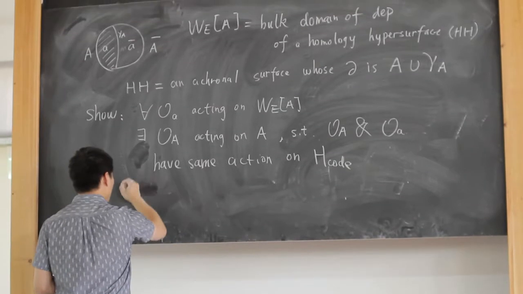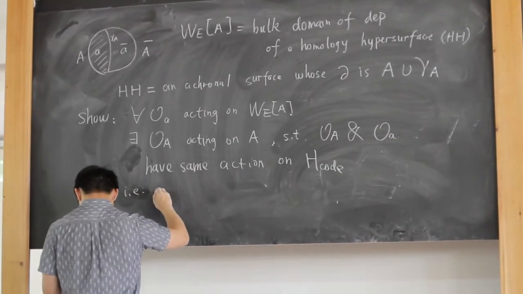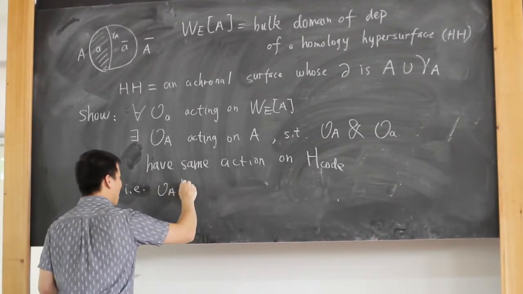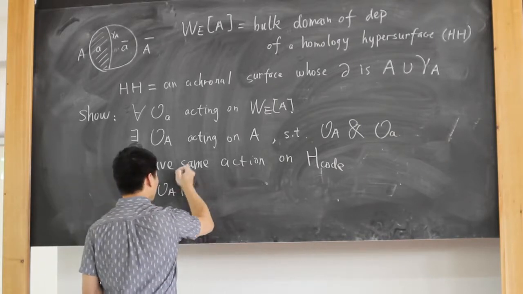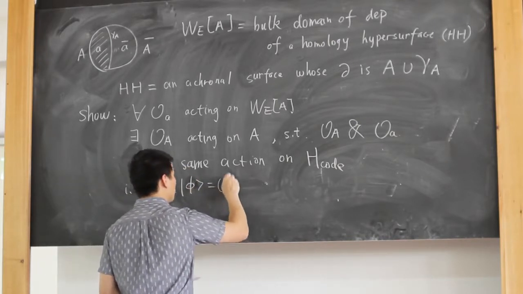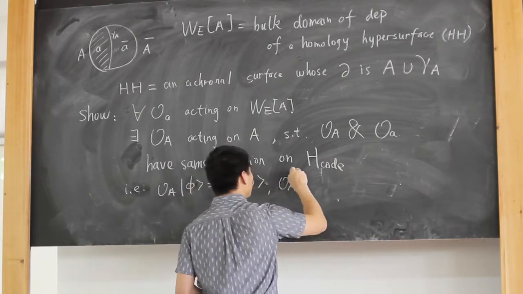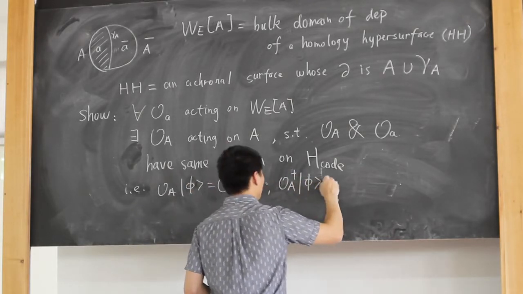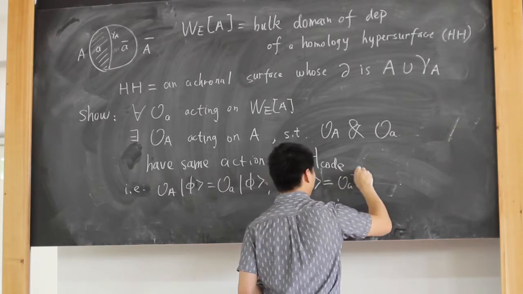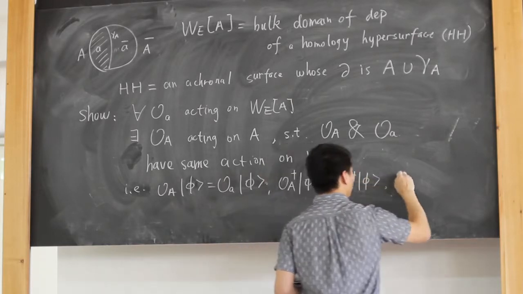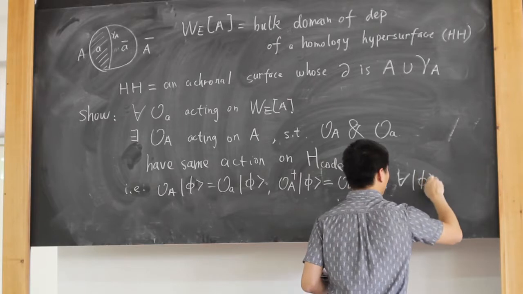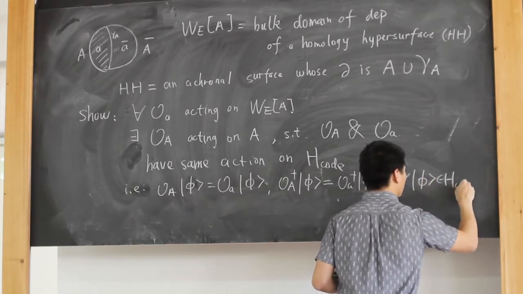Just to be really explicit of what that means, it means O_A acting on some state phi is equal to O little a acting on phi, and the same statement holds for the Hermitian conjugate when phi is in the code subspace.